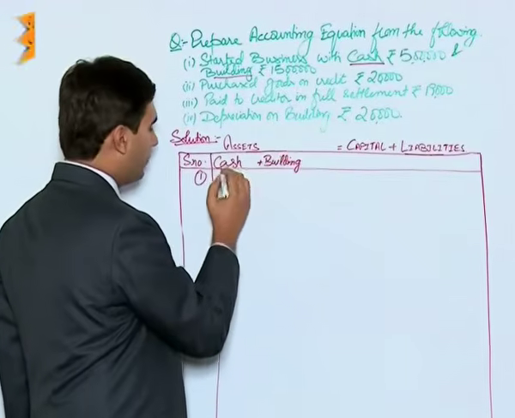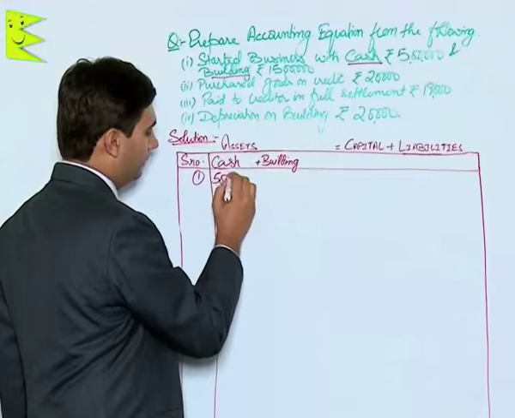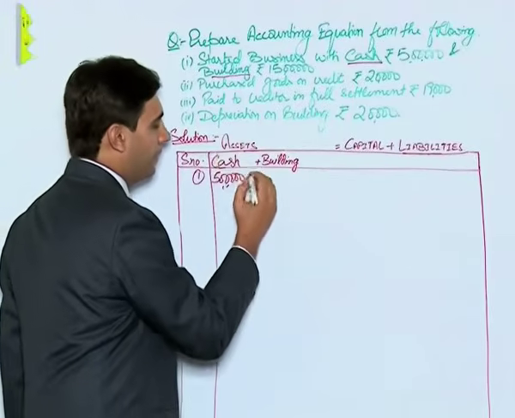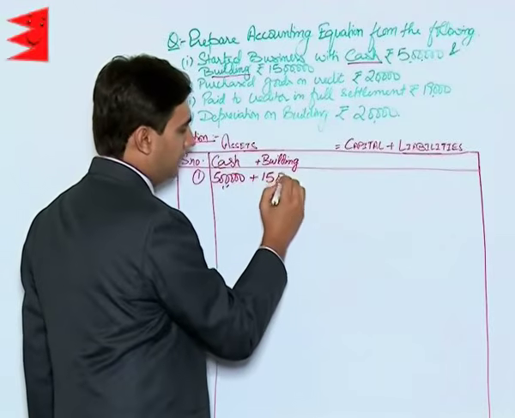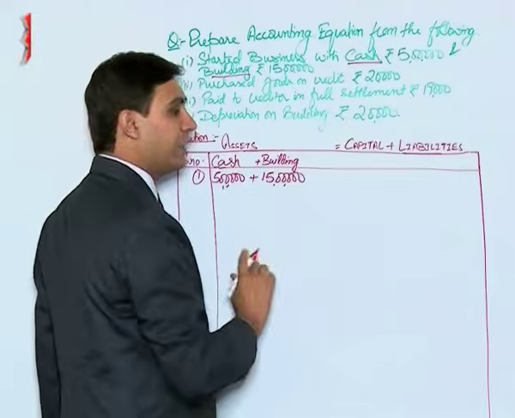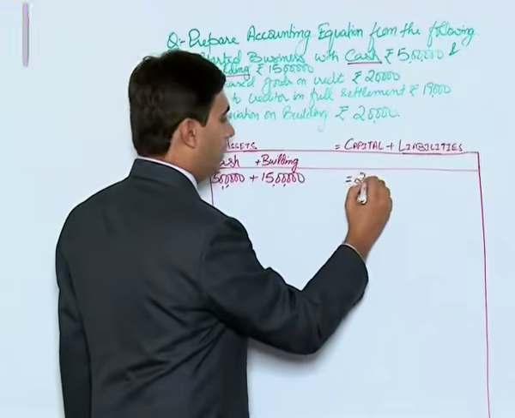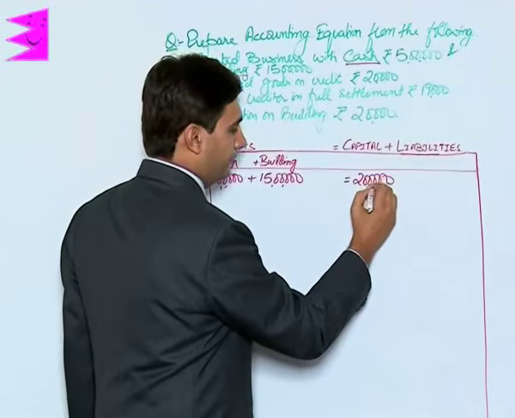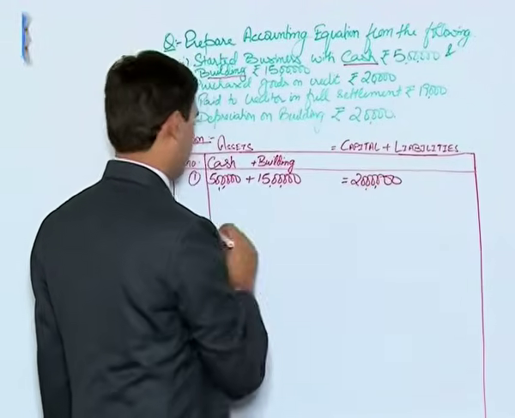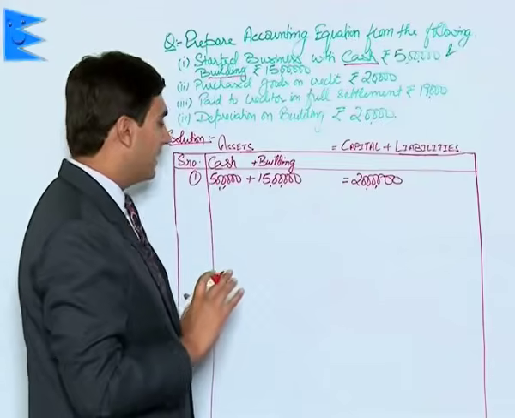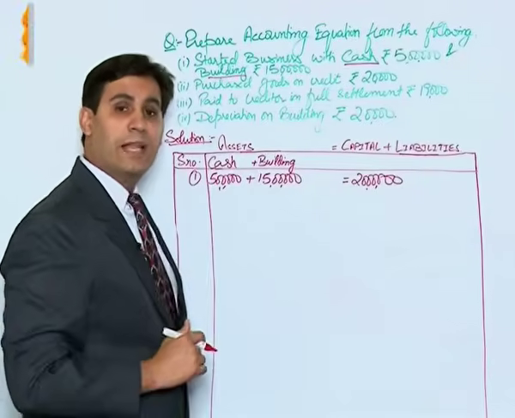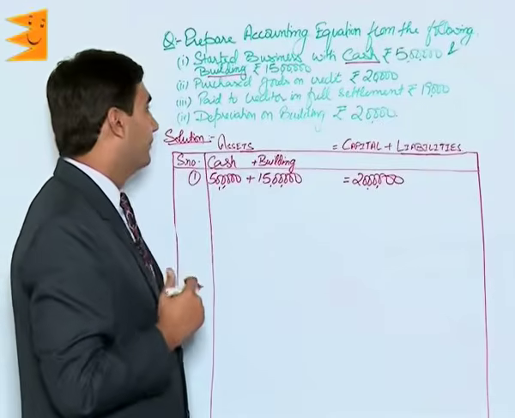He is bringing in cash worth rupees 5 lakh and building worth rupees 15 lakhs. That means in total, the owner is bringing in a capital of rupees 20 lakh. Now, both the sides are equal and the total is 20 lakh rupees at each end.